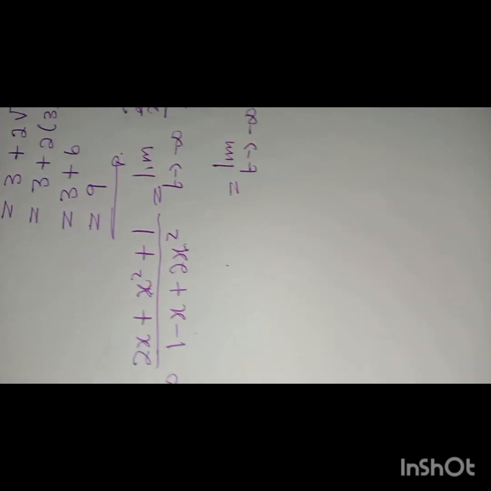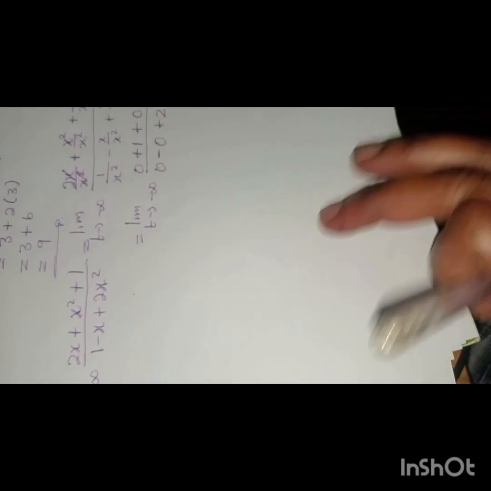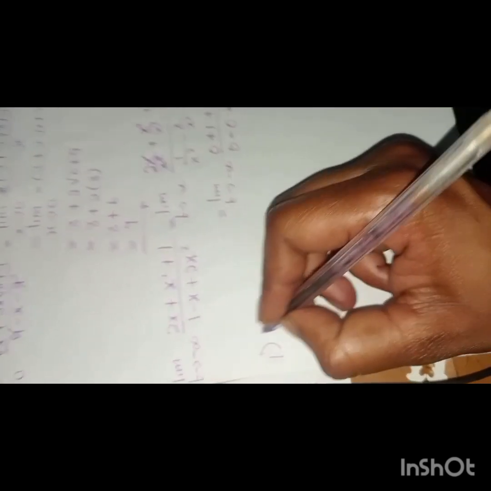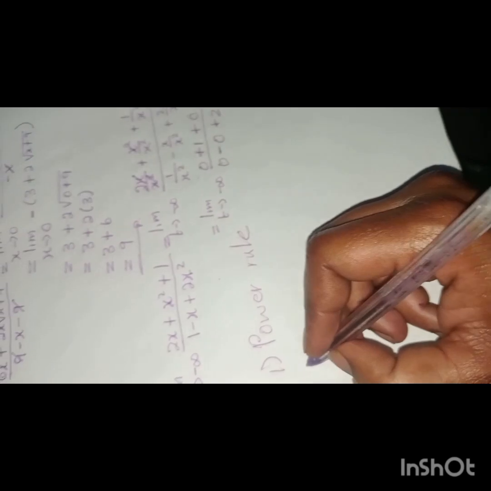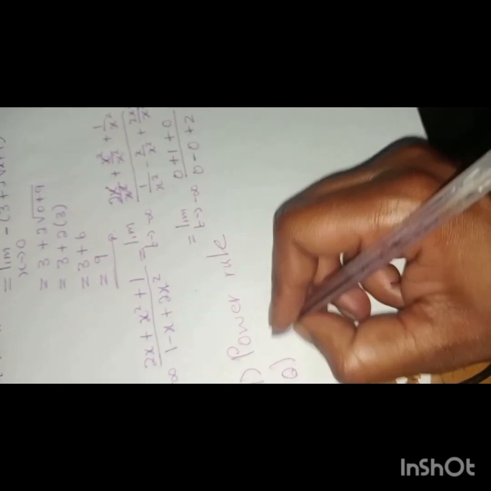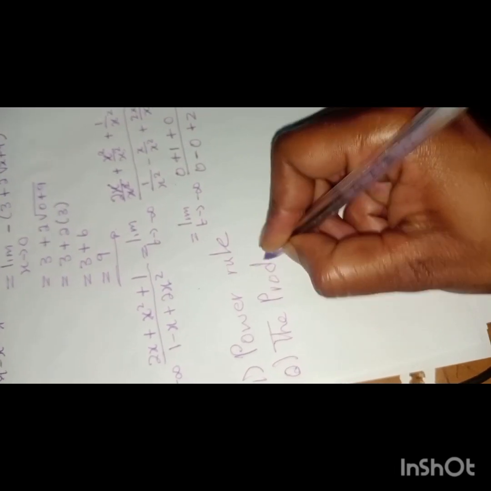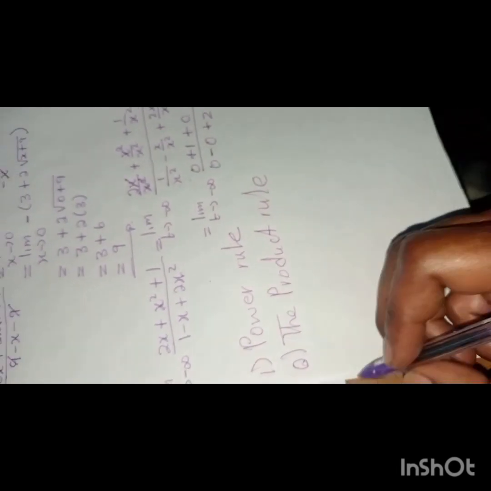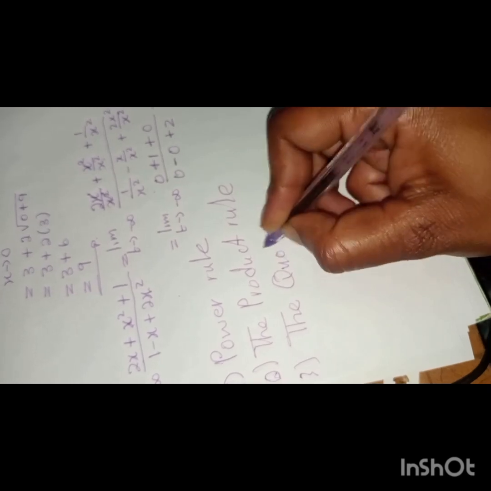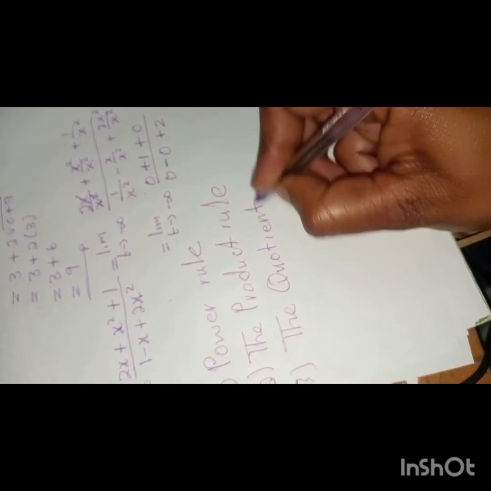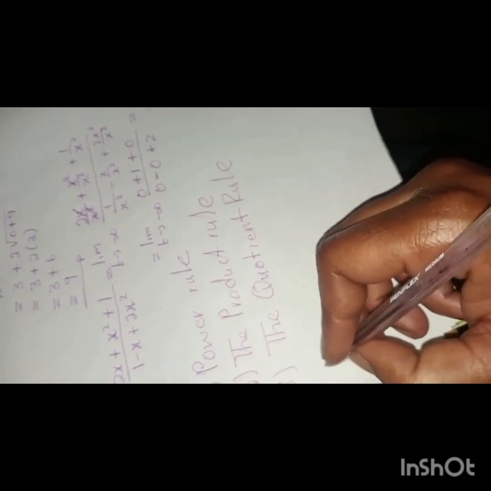In order to understand the appropriate rules of differentiation, make sure that you understand the power rule, number 2, the product rule, which I will explain tomorrow, and number 3, the quotient rule. Then number 4, there's the chain rule.